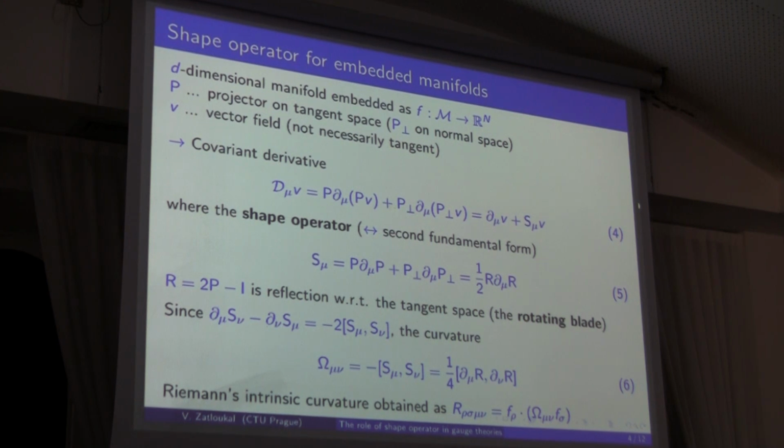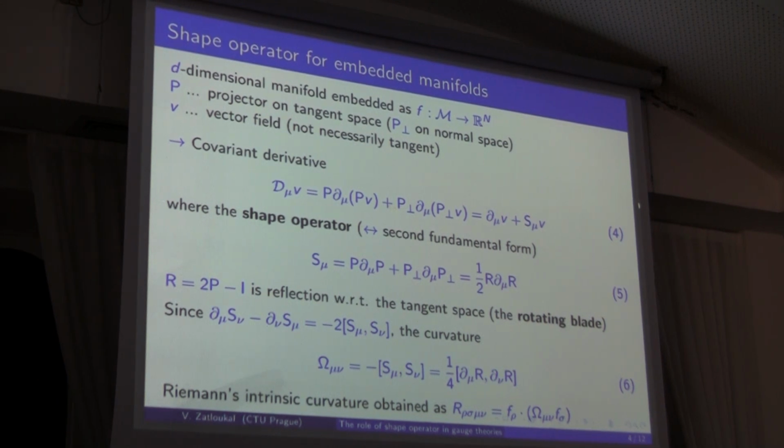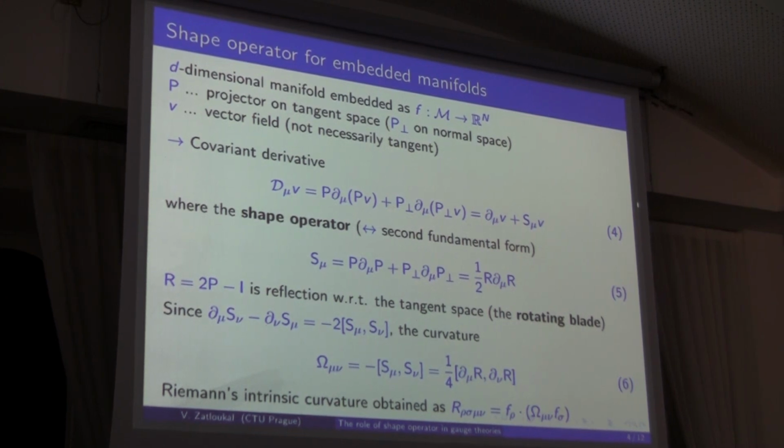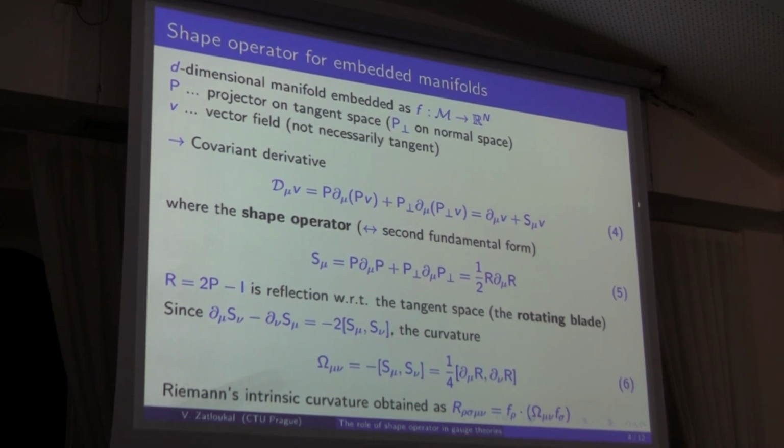So let's say we have a d-dimensional manifold, which is embedded in a capital N dimensional flat space. And this embedding gives us a tangent space at each point of the manifold, or let's say it gives us a projector on this tangent space at each point, and the respective projector on the normal space.